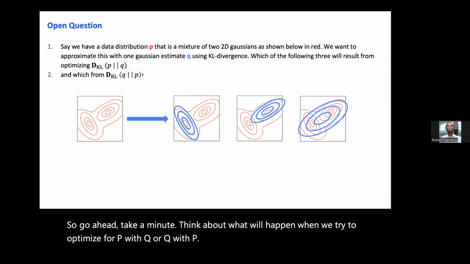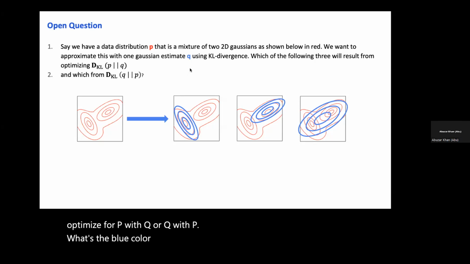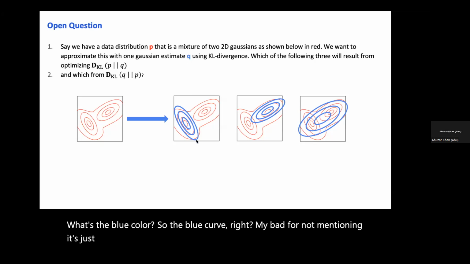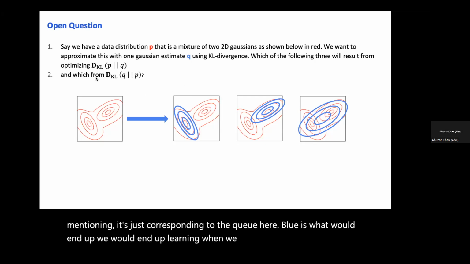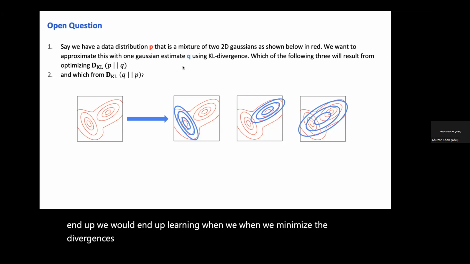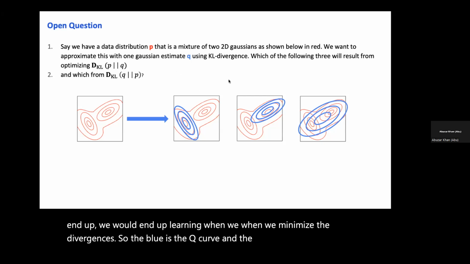What's the blue color? So the blue curve, right, my bad for not mentioning, it's just corresponding to the Q here. Blue is what we would end up learning when we minimize the divergences. So the blue is the Q curve and the red is the P curve.